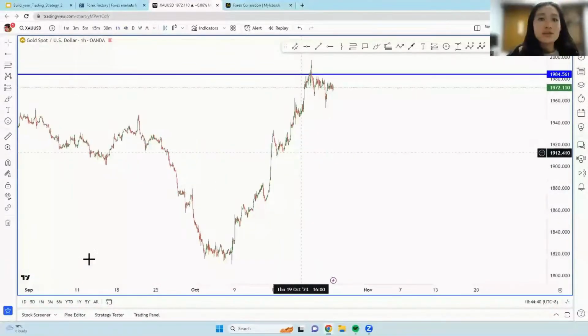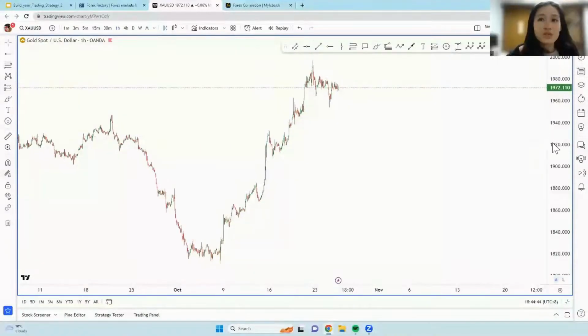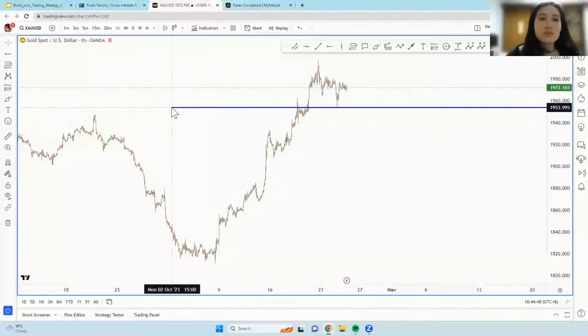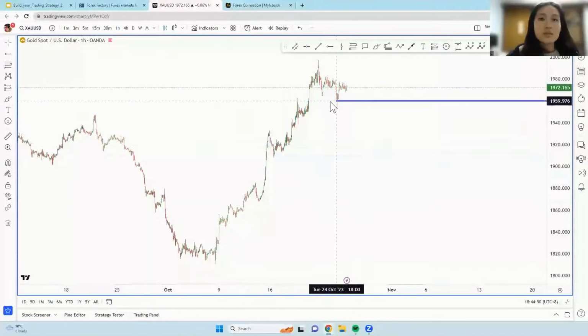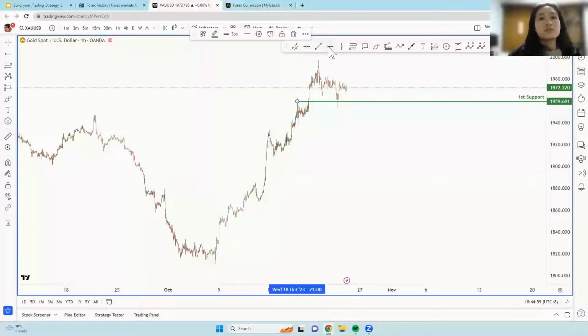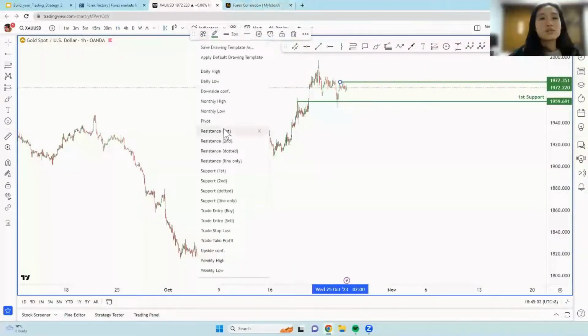Now our 1-hour time frame. So this is where I'm gonna go in and do our analysis. Okay, so I'm just gonna place my first support here. Second support here.